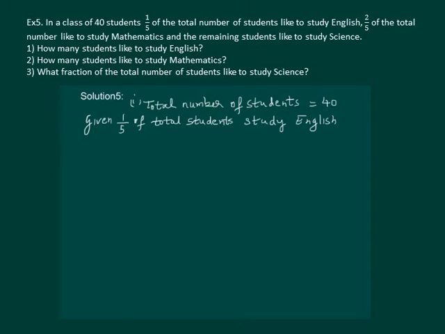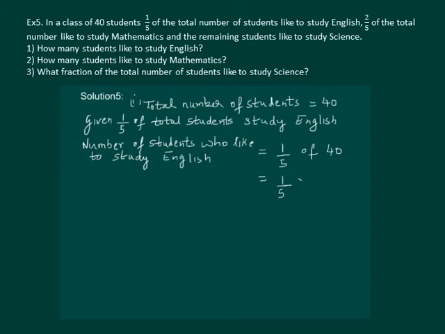It is given that total number of students in the class are 40. Out of these, 1/5 of the total number of students like to study English. So, the number of students who like to study English is equal to 1/5 of 40, which is same as 1 by 5 multiplied by 40.